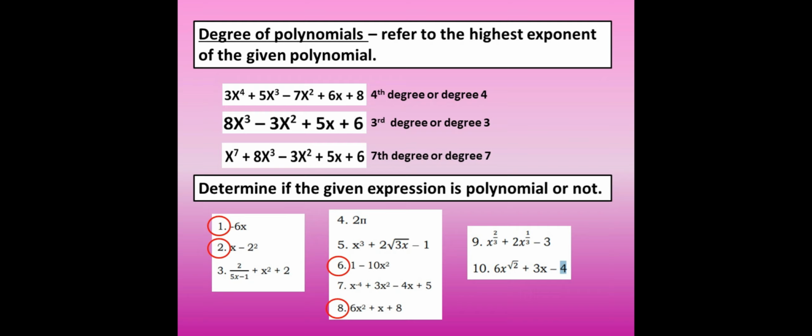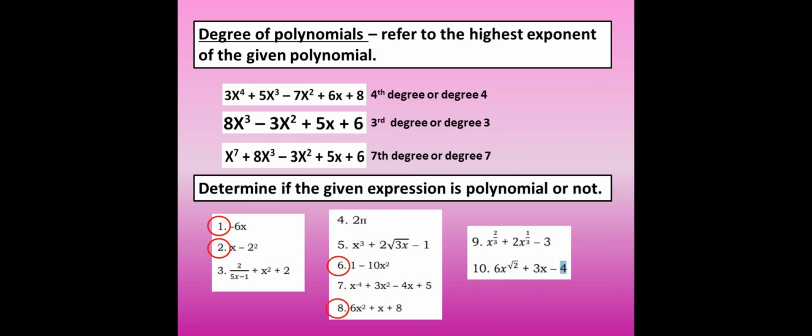In number 4, if you notice, we have 2 pi. It is just a mere real number, 2 times 3.1416. While number 5 is also not a polynomial because of the 3x under the radical sign. If the expression has a variable under the radical sign, it is not a polynomial.